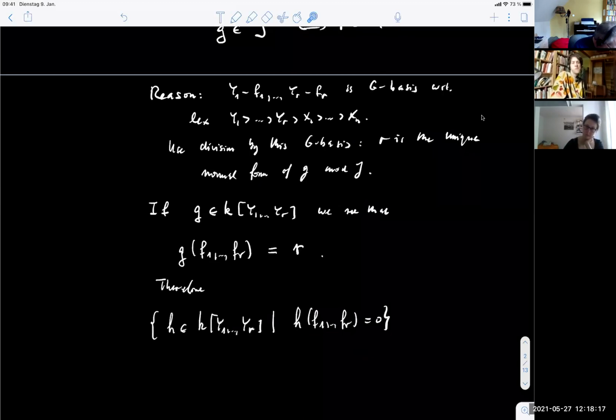So we want to understand this collection of all relations. And what we see is that this is nothing but an intersection ideal. It's J intersected with the polynomial ring in the Y's.